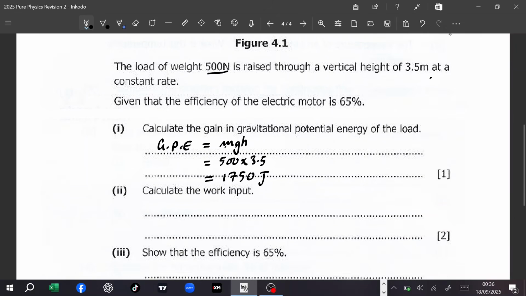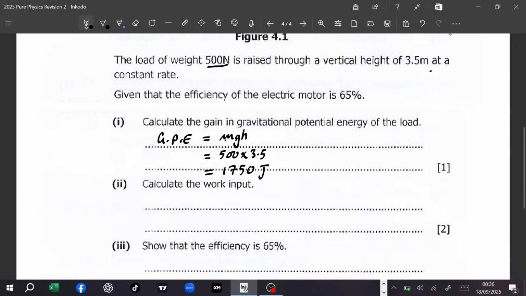Then we come to this one here, calculate the work input. They never gave us any information to use directly, so the information to use is efficiency. Efficiency is equal to work output over work input.